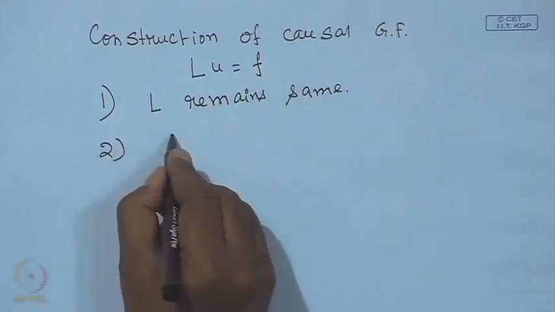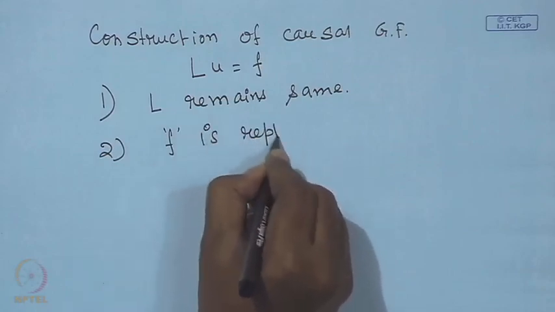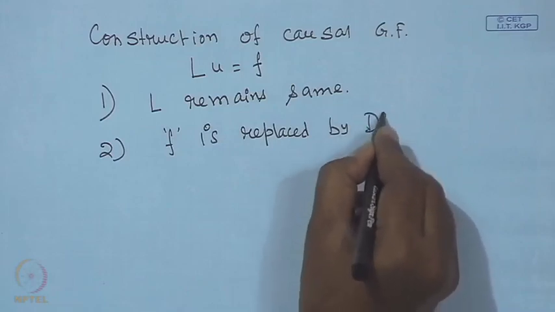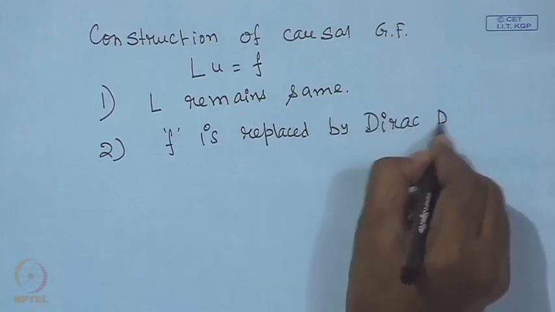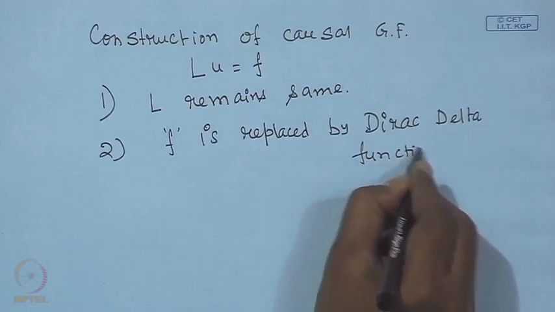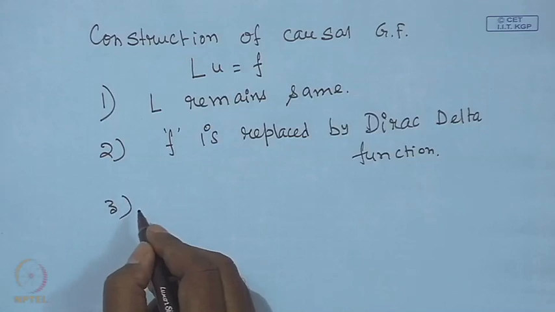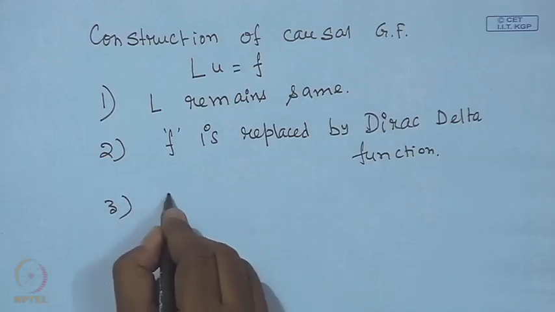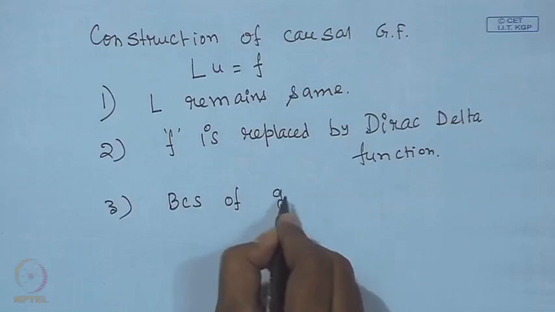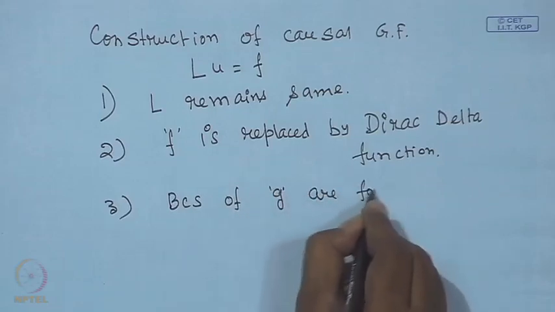Second, F is replaced by a Dirac delta function or unit step. And third, the boundary conditions of G, the causal Green's function, are forced to 0.